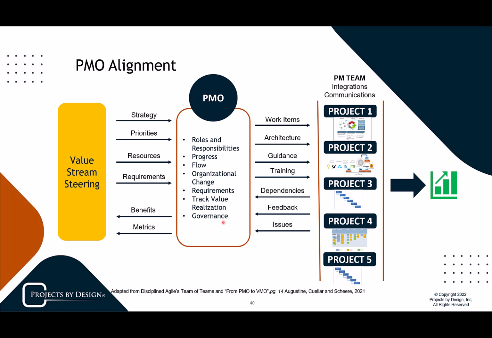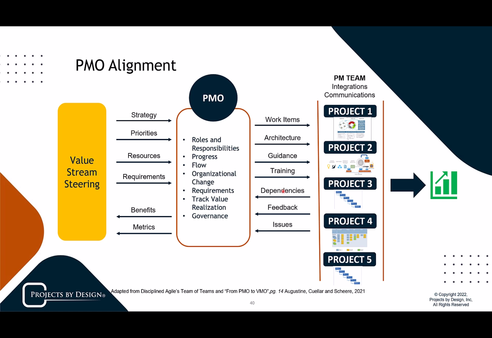But if you just remove that statement there of governance, I still think the PMO can provide an understanding of the work items, the architecture associated with it, guidance on how delivery can occur, okay?